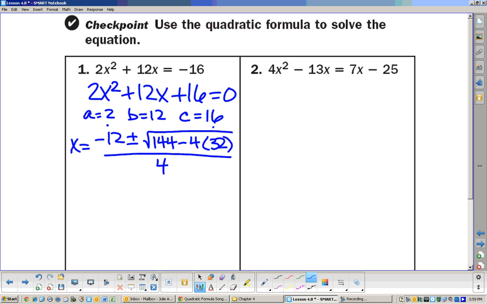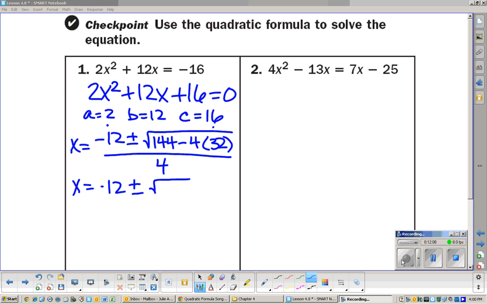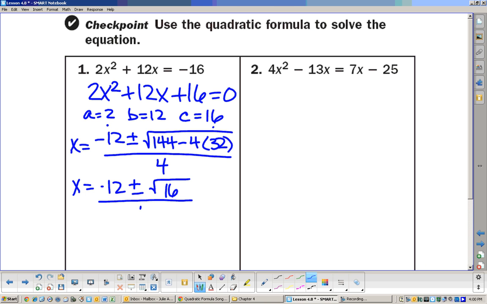Now I have some simplifying to do. When I simplify that, x equals negative 12 plus or minus the square root of 144 minus 4 times 32. Well, 4 times 32 is 128. And when you simplify that, 144 minus 128 is 16, all over 4.